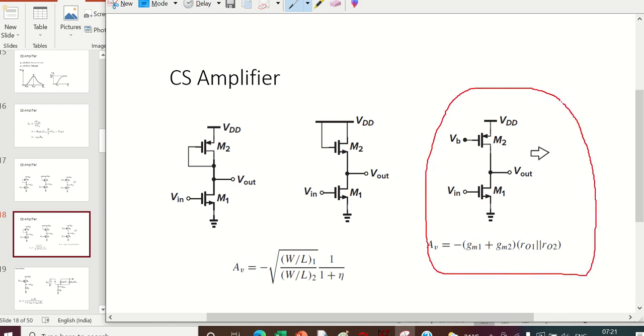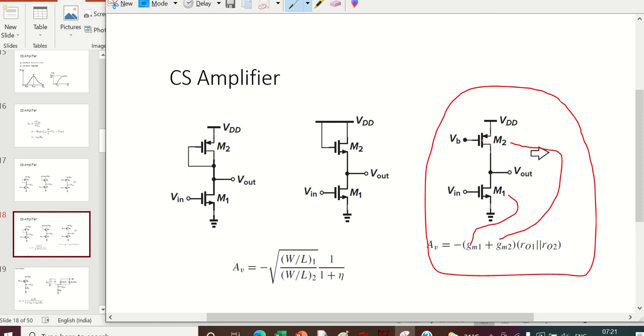GM1 will be this GM1. GM2 will be of this transistor. R01 and R02 are the inbuilt transistor resistances, so you cannot do much with this. Whatever W by L you keep, you will get the gain here.